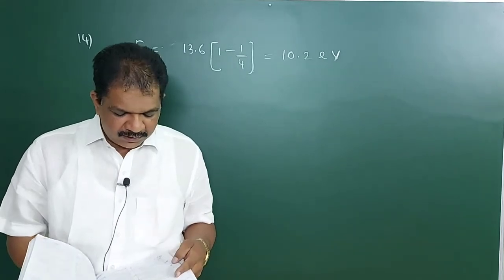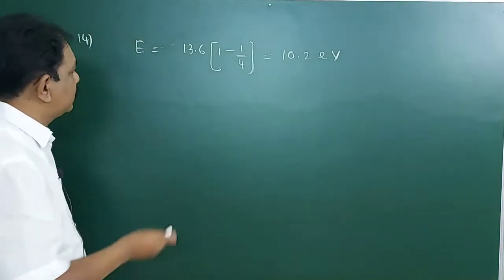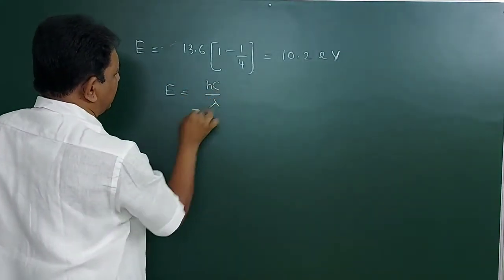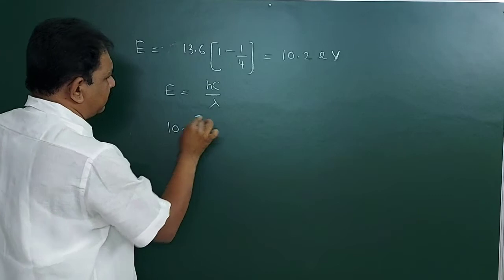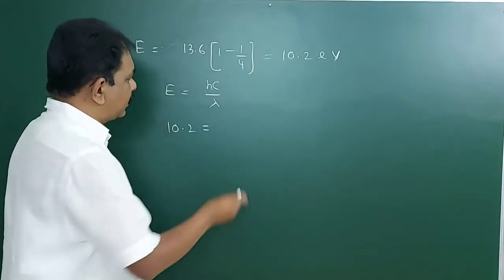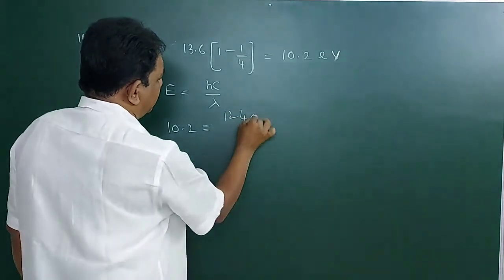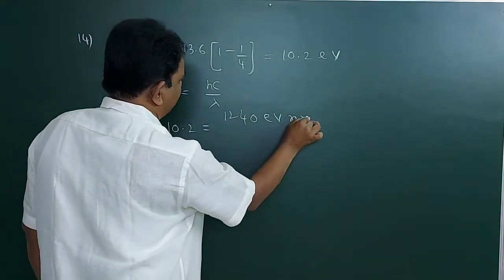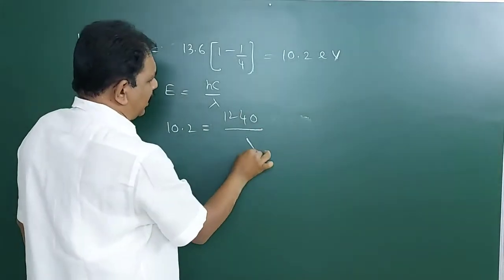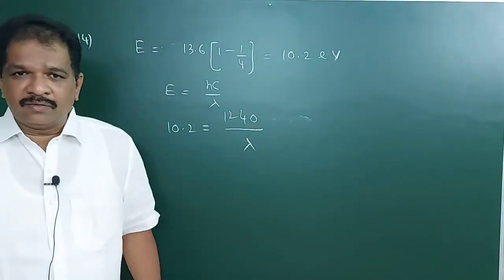Hc value is given, lambda is how much? So E is equal to Hc by lambda. This is 10.2. They mention this value as 1240 electron volt nanometer. This electron volt will cancel on both sides. Lambda value we will get in nanometer.